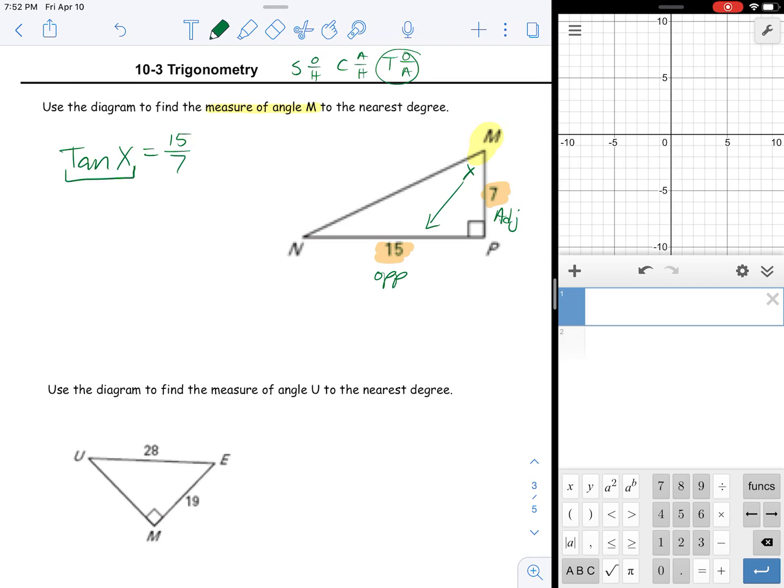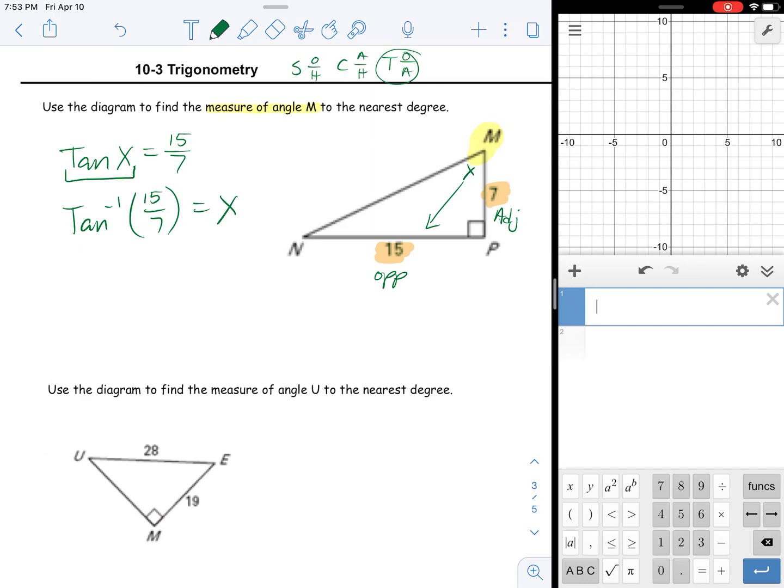So what you're going to do to find x is the inverse function. The inverse function looks like this, tangent to the -1. You're going to do the inverse function of the ratio, and this will equal your angle measure.